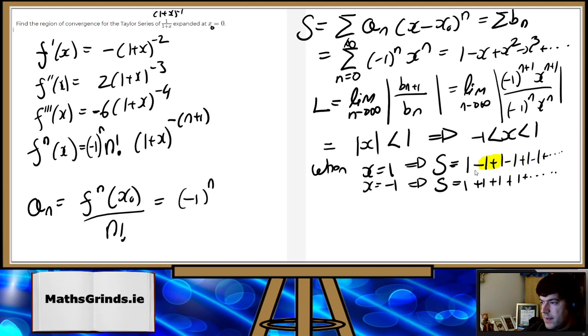If I group the first and the second and the third and the fourth, and so on, they'll cancel. I'll be left with 0. So this is actually not defined. So interestingly, here in both cases, we don't have a convergence. So therefore, the region is just the open interval from -1 to 1.